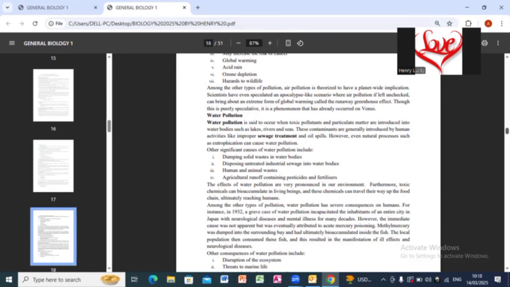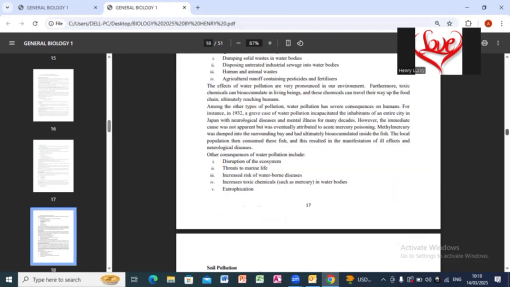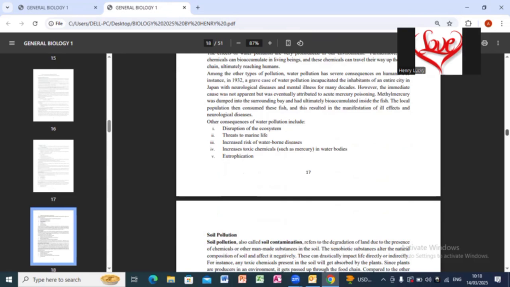Apart from even affecting humans, when water becomes contaminated, such as seas and lakes, it puts organisms at risk, especially the aquatic organisms. It deals with the marine life as well. So, in fact, such things have a lot of negative effects on organisms that stay in water.